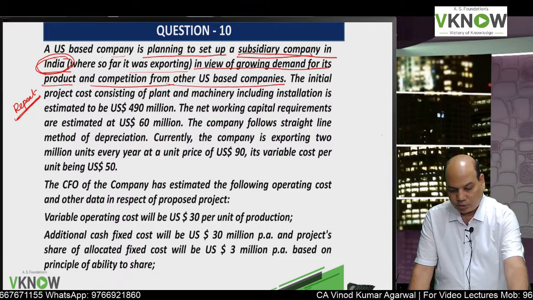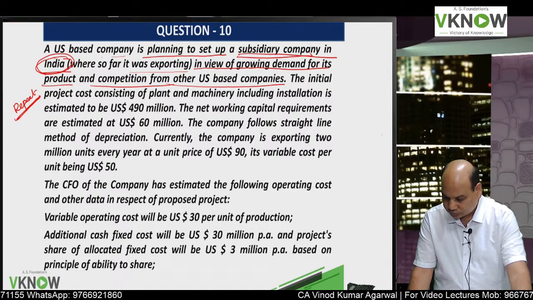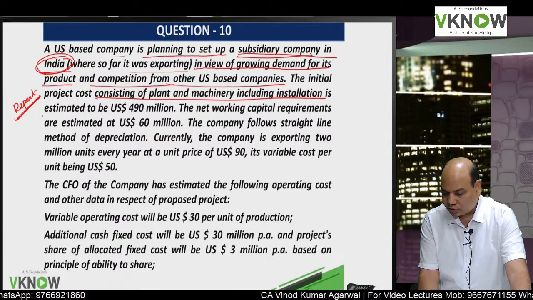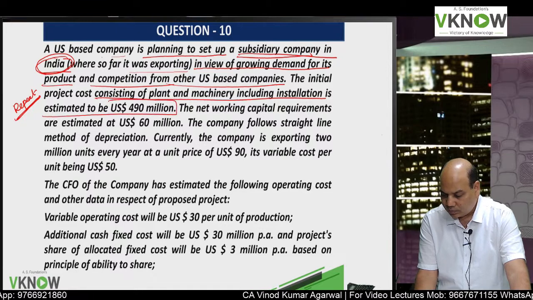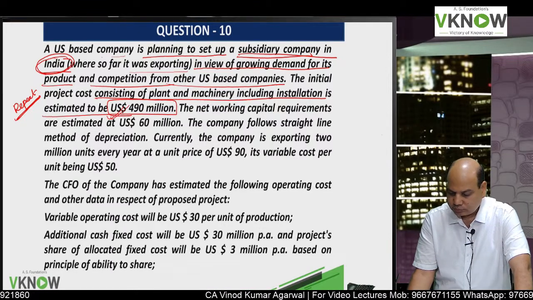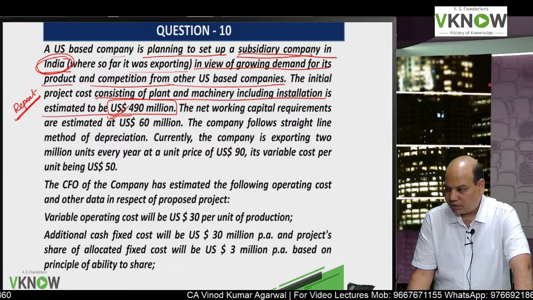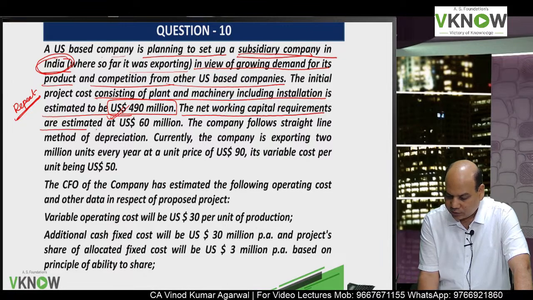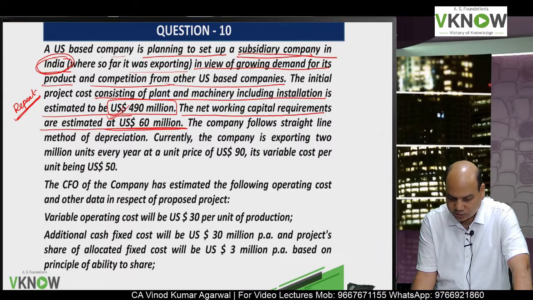So it thought that it is better that we only start manufacturing in India. The initial project cost consisting of plant and machinery including installation is 490 million USD. So this is my capital investment cost. The net working capital requirement is estimated at USD 60 million.